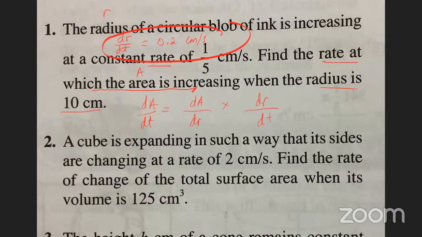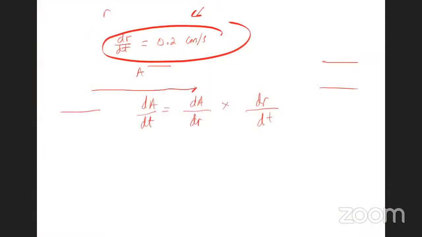And because it's a circle, what's the area of a circle? Area of a circle is pi r squared. So dA/dr is what? Bring down the 2 and you'll get 2 pi r. You recognize that the derivative is the circumference? We can talk about that later on.